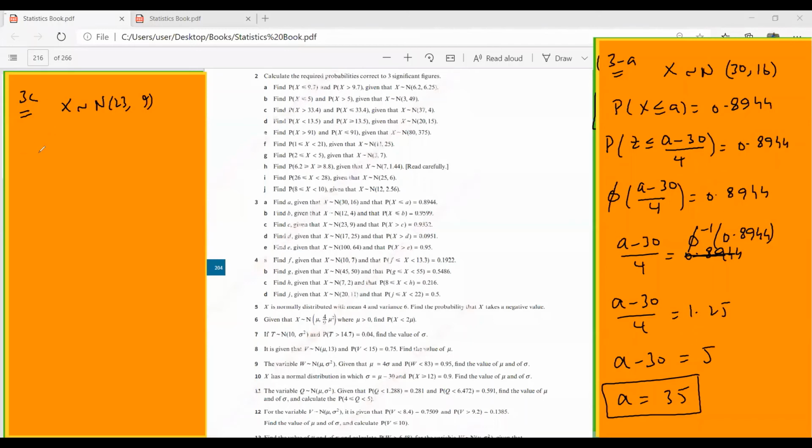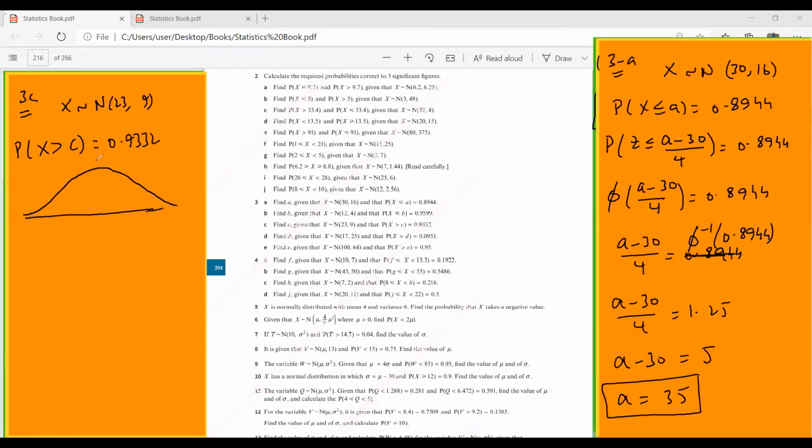And we have to find the C such that probability X is greater than C is 0.9332. Now you have to see that there is a greater than sign, and this probability is also more than 0.5. So what do you think about this C? Is that negative or positive? Yes, negative.